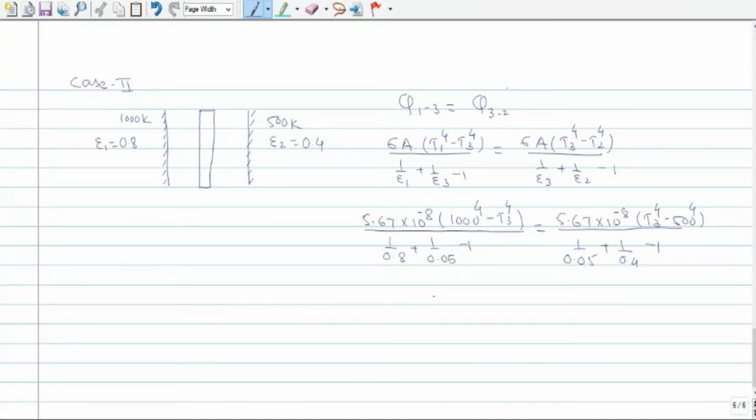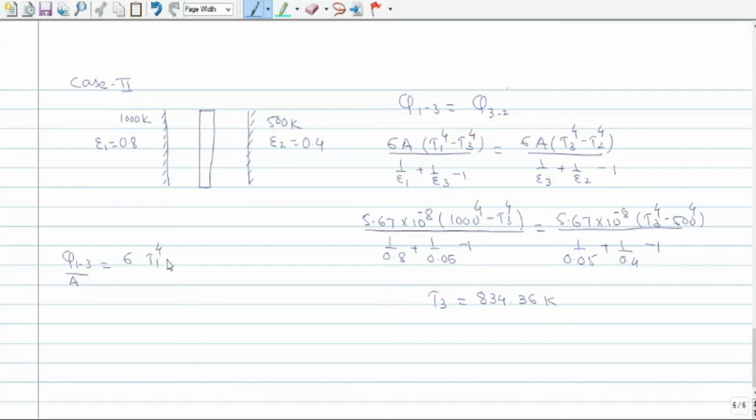By comparing, we can calculate the value of T3, and that comes to 834.36 Kelvin.